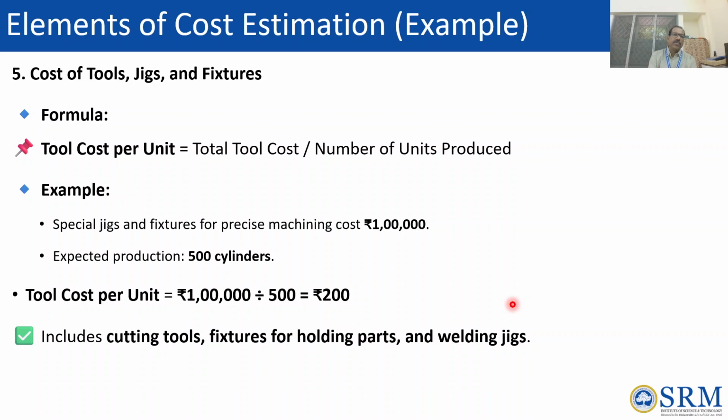Then the total tool cost is 1 lakh divided by the number of units produced, 500. So per unit you need 200 rupees for tool cost. This includes all cutting tools, fixtures for holding the parts and welding jigs, all these things.